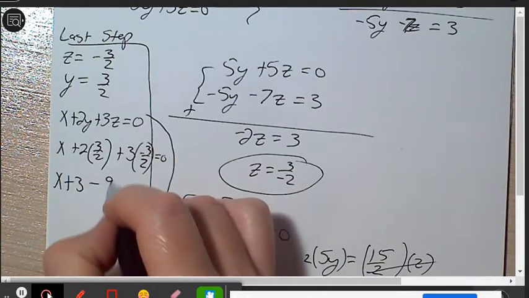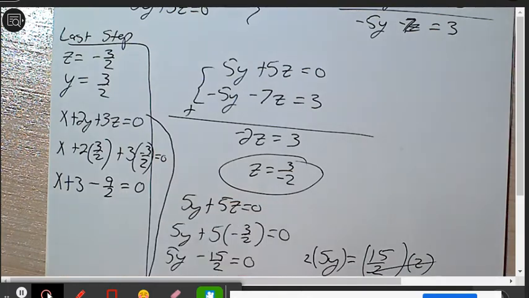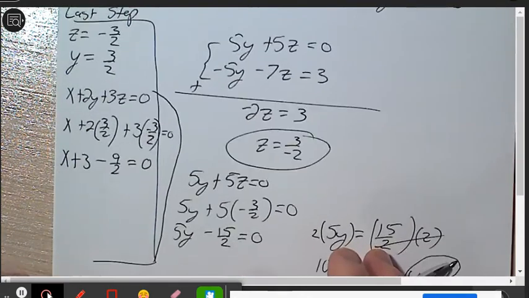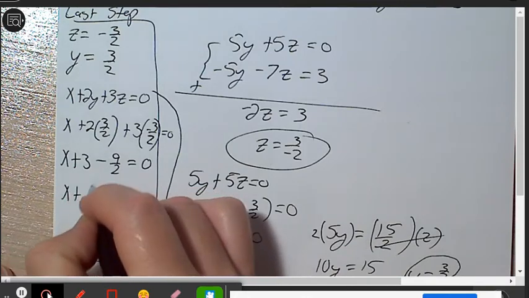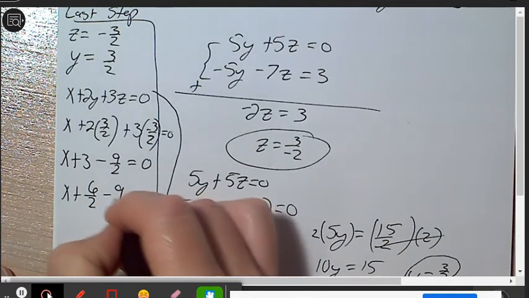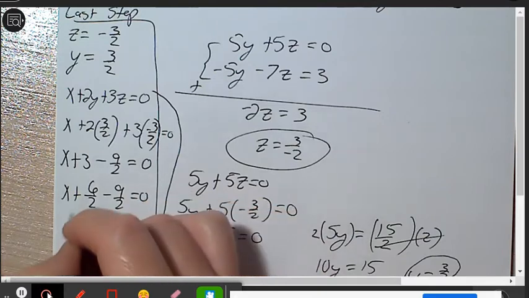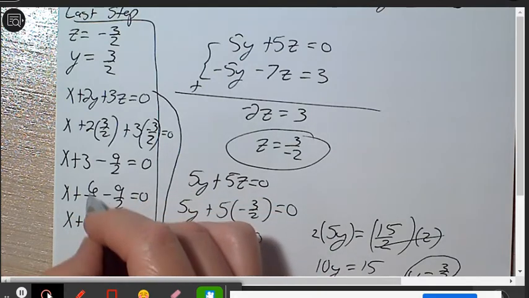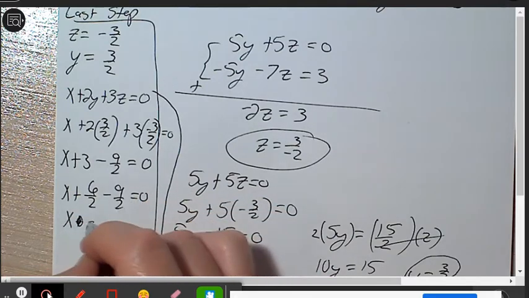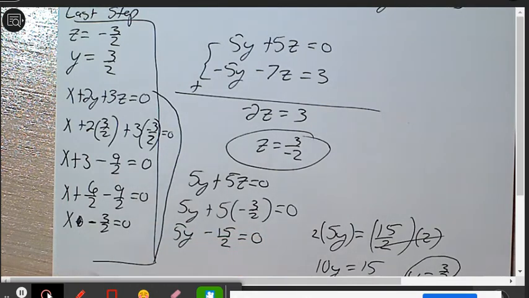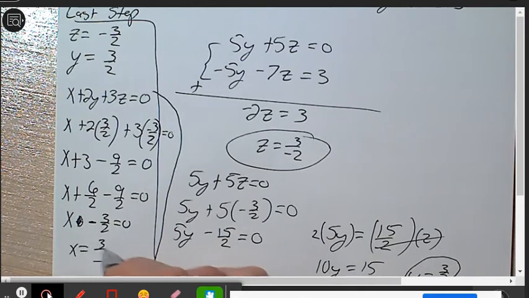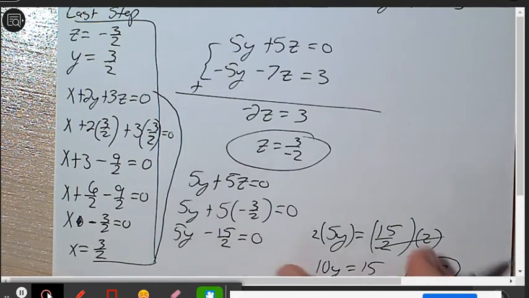That's going to be negative 9 over 2 equal to 0. If we get a common denominator, that's going to make that 6 over 2. 6 minus 9, that's going to be minus 3 over 2 equal to 0. So then we add the 3 over 2 to both sides. So that is 3 over 2 for x.